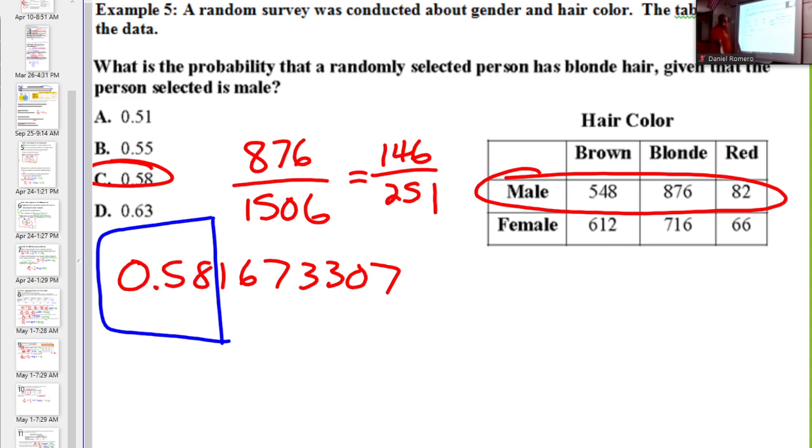If you're just truncating, then you're ignoring all of this. But if you're technically rounding, the only number that really matters is this next one. If that's 5 or above, then this number goes up 1. If it's less than 5, meaning 0, 1, 2, 3, 4, it would just stay the same.